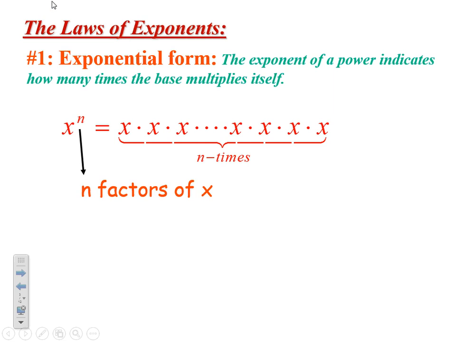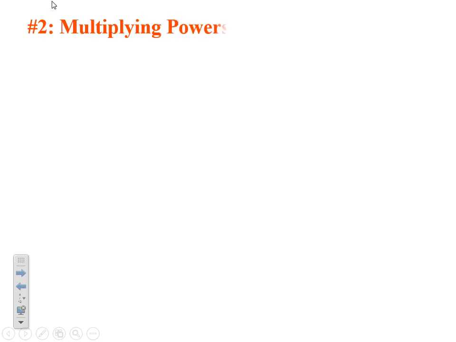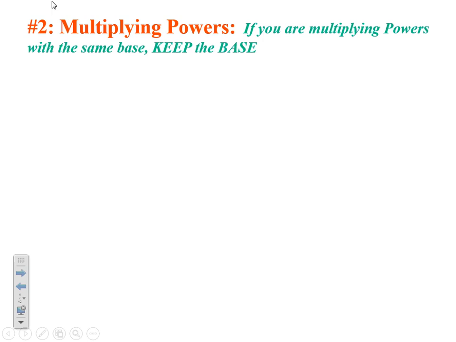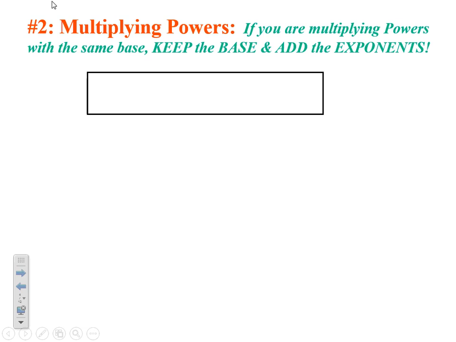Now our second law is multiplying powers. If you are multiplying powers with the same base, keep the base and add the exponents. So in terms of variables, I have x to the m times x to the n, which equals x to the m plus n.